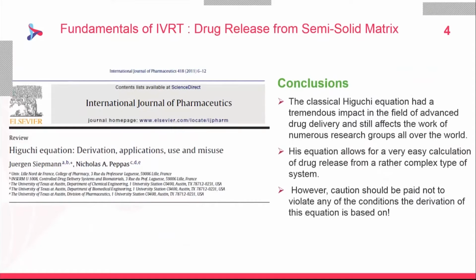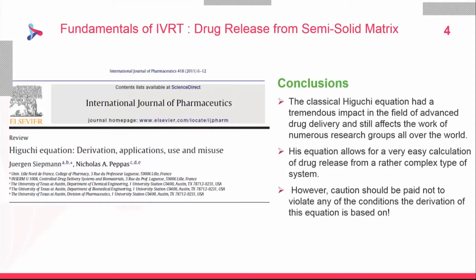And briefly, in regard to the theory of IVRT, 10 years ago there was published an article which I like very much. It was for the 50 years of Higuchi's classical equation, titled Higuchi's equation: derivation, application, use and misuse. They present very well the mathematical models and the framework within which the theory operates. Actually, 9 conditions and limitations originally contemplated by Higuchi are highlighted.